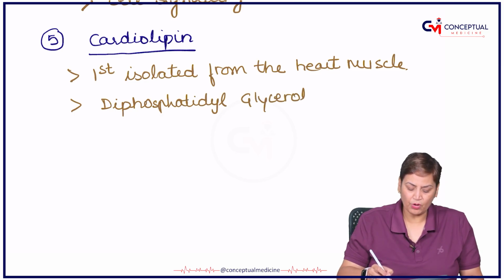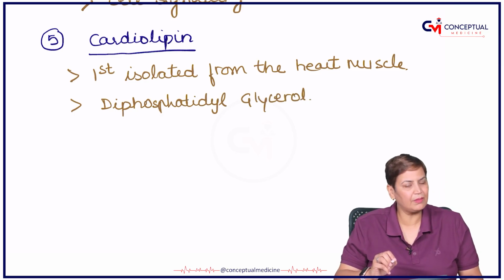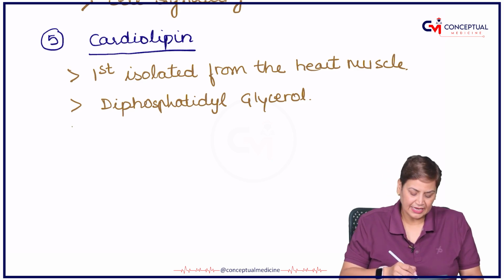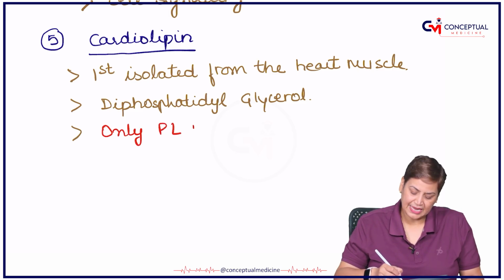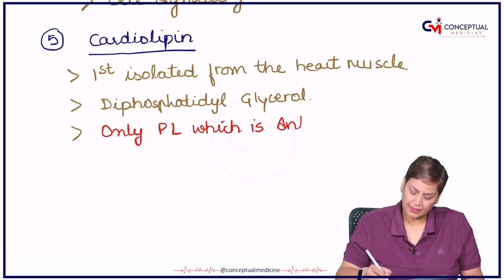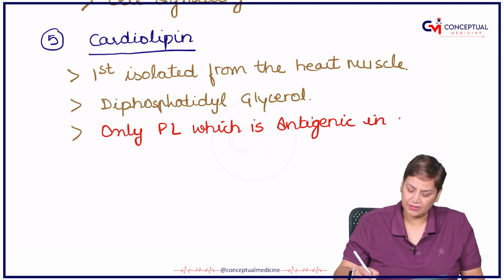And the most important point to remember about cardiolipin is that it is the only phospholipid which is antigenic in action.